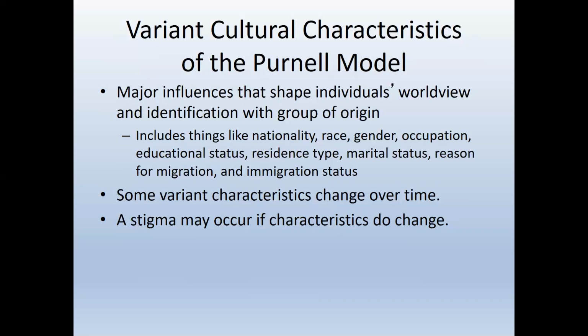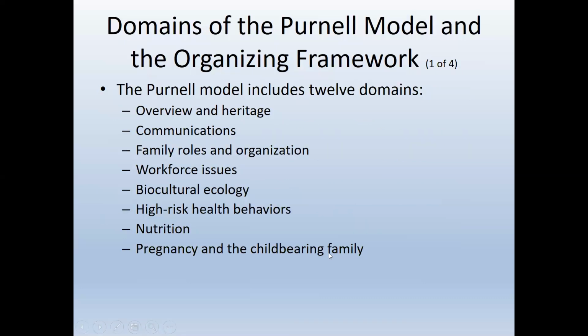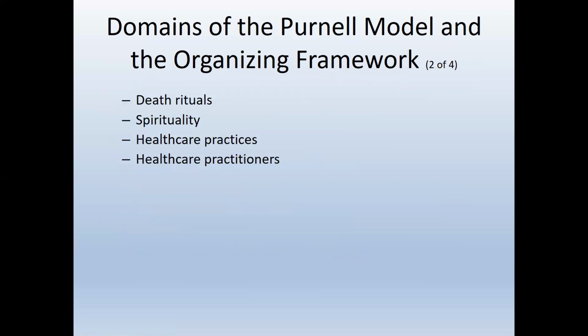So these are different cultural characteristics in the Purnell model. It organizes around 12 domains: overview and heritage, communications, family roles and organization, workforce issues, biocultural ecology, high-risk health behaviors, nutrition, pregnancy, childbearing and family, death, spirituality, healthcare practices, and healthcare practitioners.